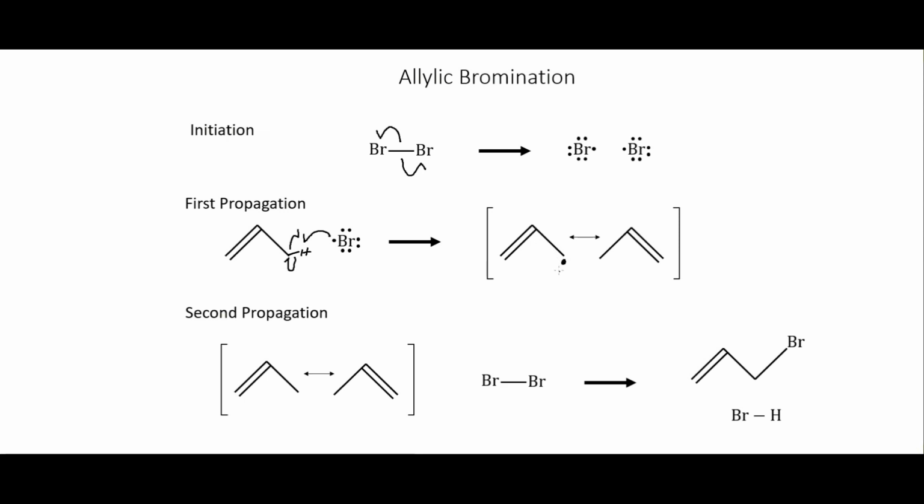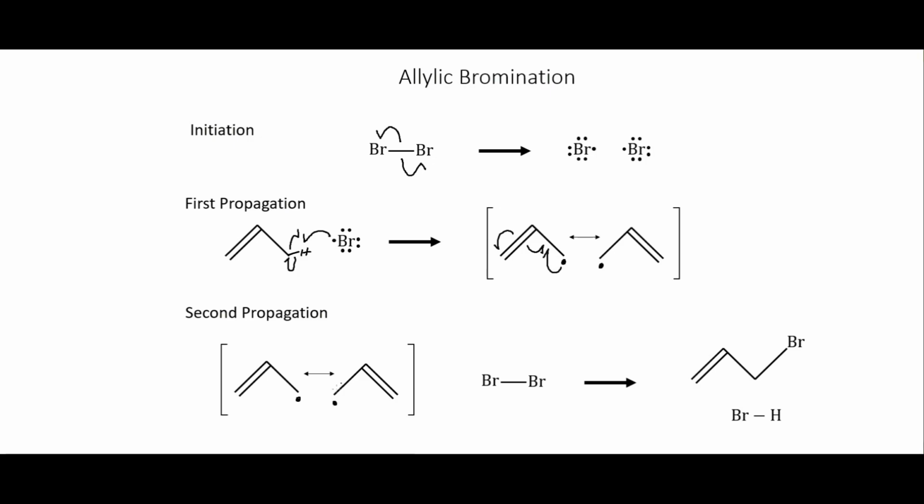But now we can have this resonance stabilized, so we can have one go there, one come from there, and then this one go right there, so we end up with the free radical right there. And so then this can actually react from either one of these carbons.